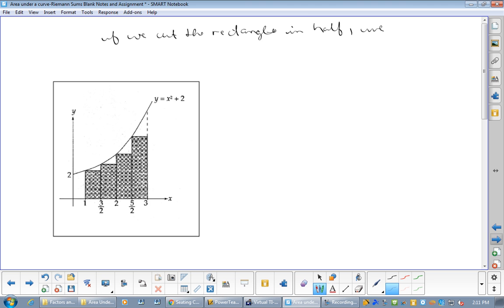We will get a better approximation. Therefore, we would get 4 rectangles.